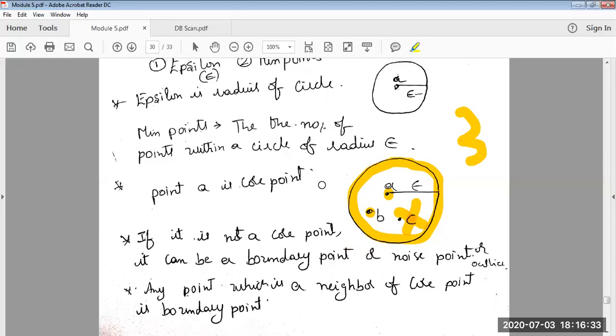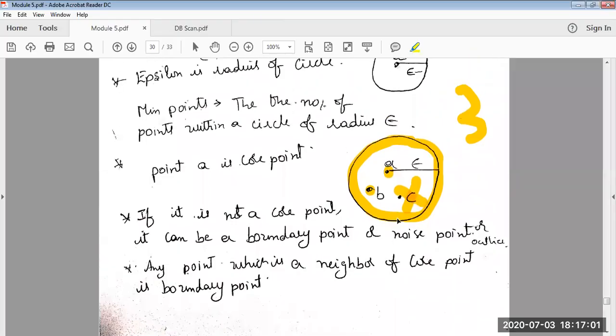A specific point in a cluster qualifies as a core point if, within the epsilon distance, there are more than or equal to the minimum number of points.